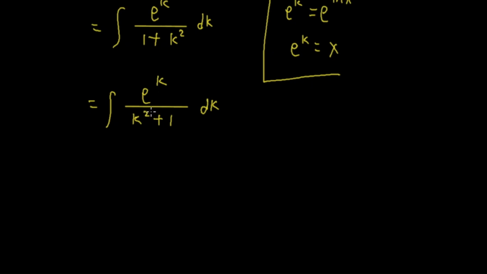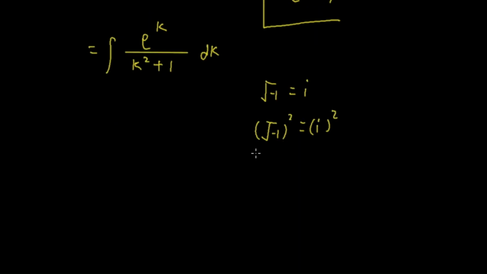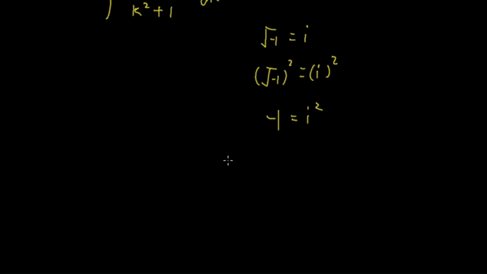Now, to factor k squared plus 1, we have to bring in the concept of complex numbers. So let's talk about this. Okay, so we're talking about complex numbers here. Now, square both sides. We have -1 equals i squared. Okay, now, to factor k squared plus 1, let's look at this.